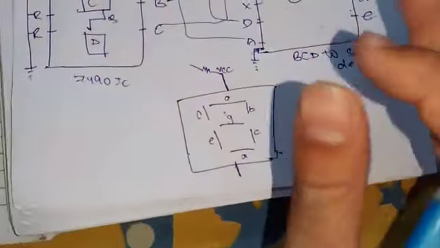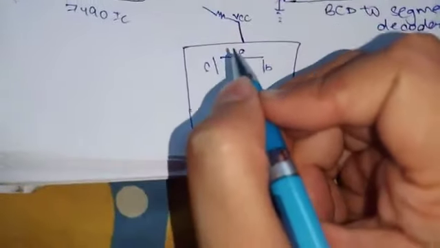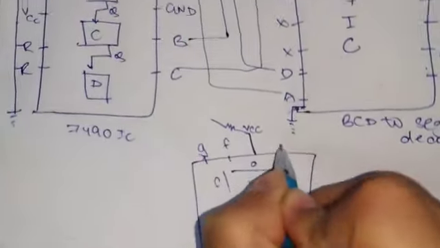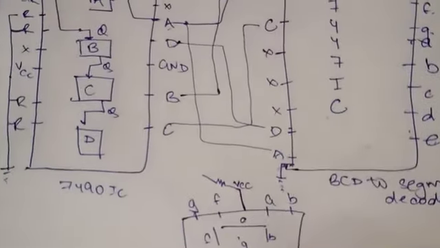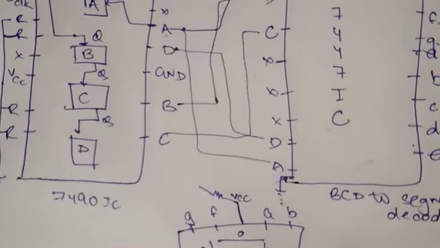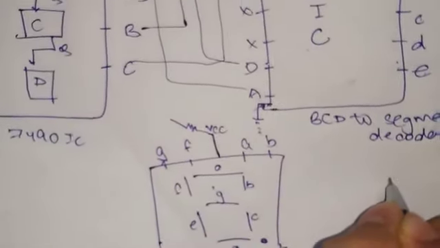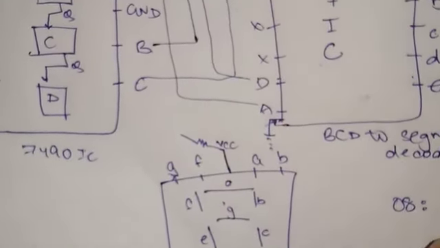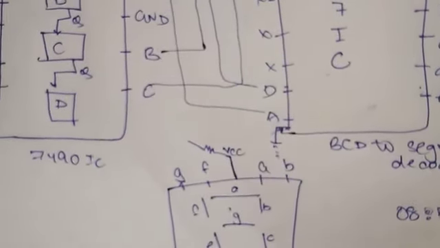But understand the theory carefully. Here you have G, F, A, B, and down you have the dot. You have seen in digital clocks there is a dot, like the time now, 8:08:57. These dots are for that.